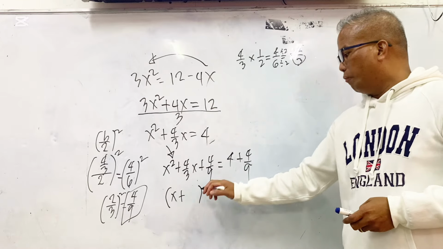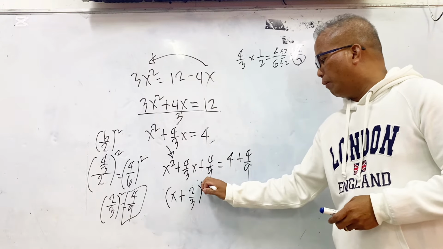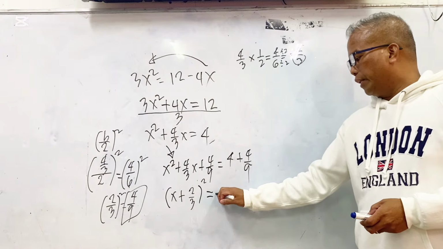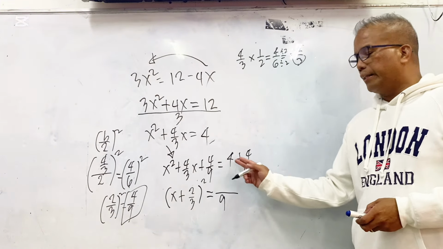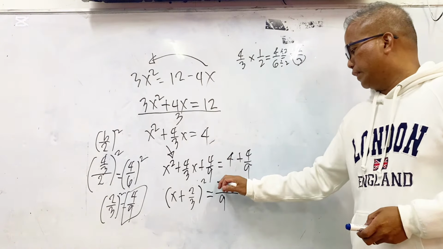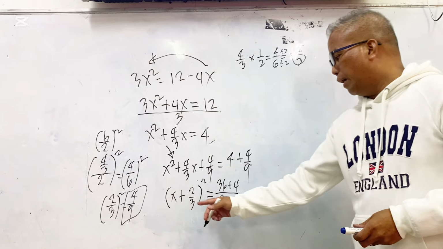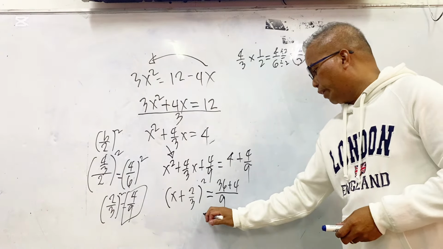Then the square root of 4 over 9 is 2 over 3 to the power of 2. Then is equal to, when we add this, the denominator is 9. Then 9 times 4 is equal to 36, then plus 4. So we have now 36 plus 4 is equal to 40 over 9. Then here we have x plus 2 over 3 to the power of 2.